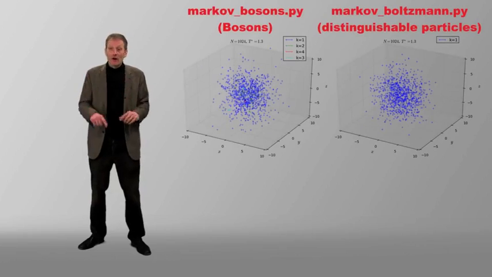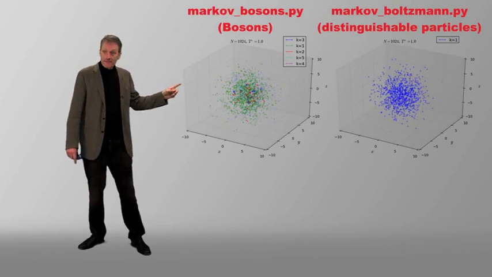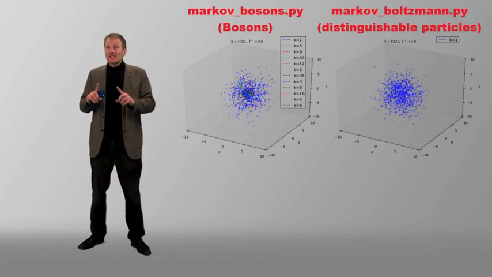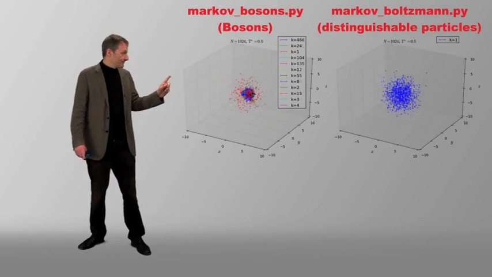Very clearly, it was the permutations that provoked this transition, because if we turn them off, like this, the effect simply disappeared. Thus, we understand that long permutation cycles play a key role in Bose-Einstein condensation.